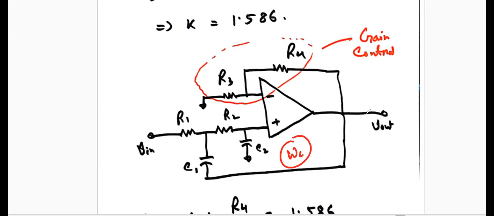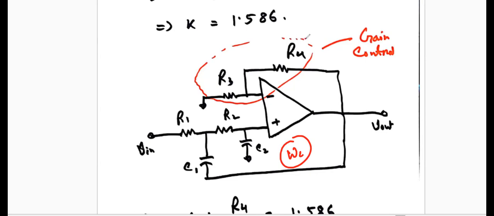All other factors means where the flat range will be, where the cutoff frequency is, so where the stop band should start. All the factors should be covered by this R1, R2, C1, and C2.